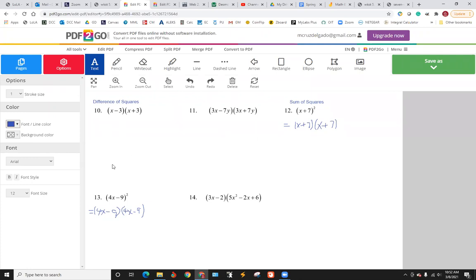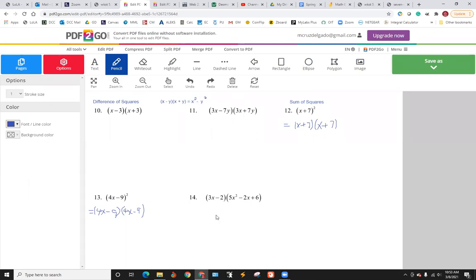Well, if you look at the form of this, I'm just going to make up a general one with x plus y and x minus y. Then what you end up with is x squared minus y squared.